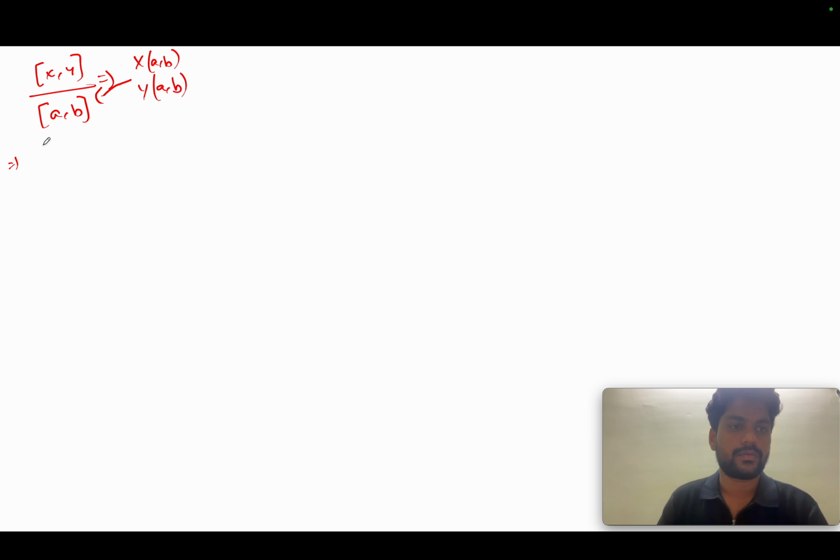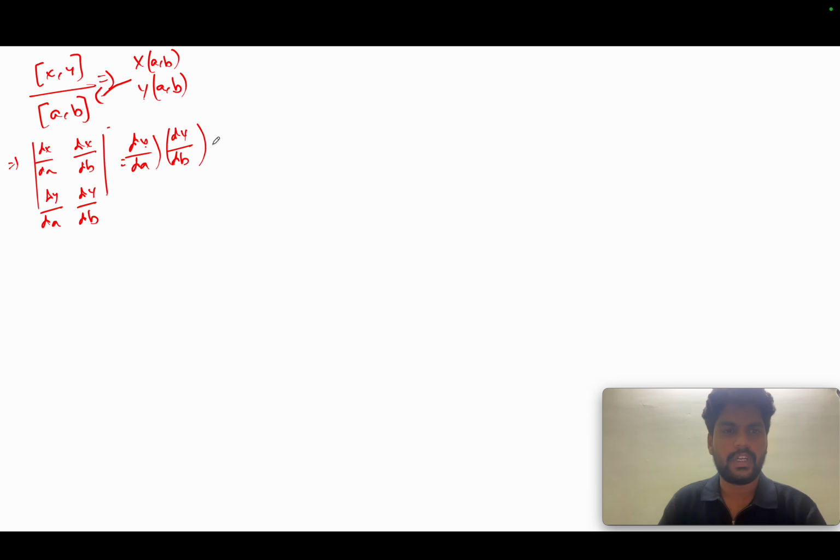So if I take the determinant, this will be dx by da into dy by db minus dx by db into dy by da. So I am keeping it like this. Now I will do it for y comma x, because both are functions of a comma b.